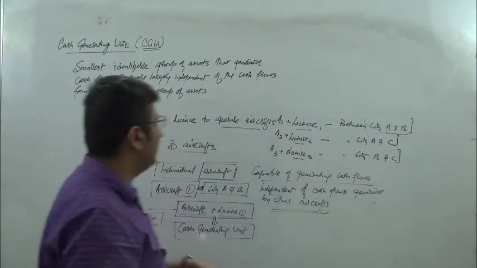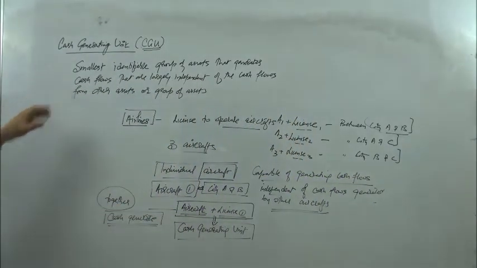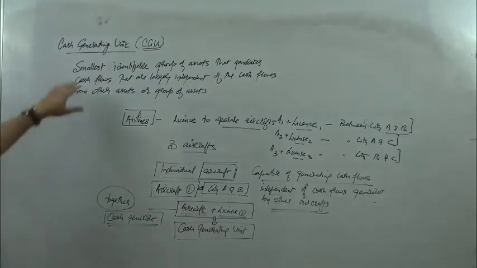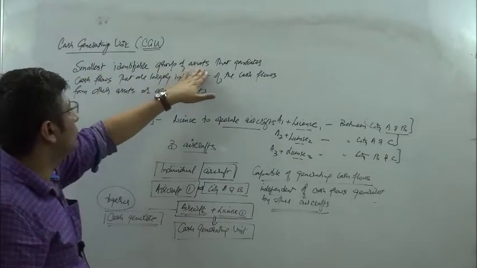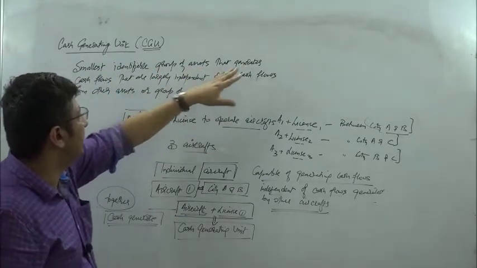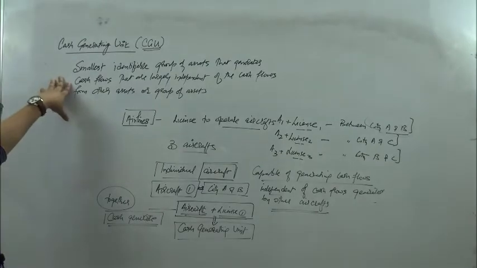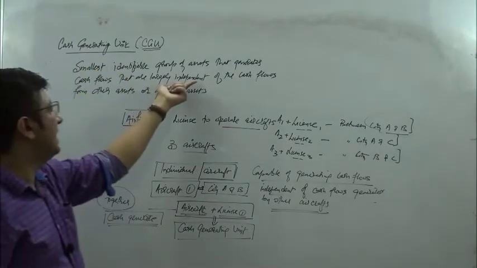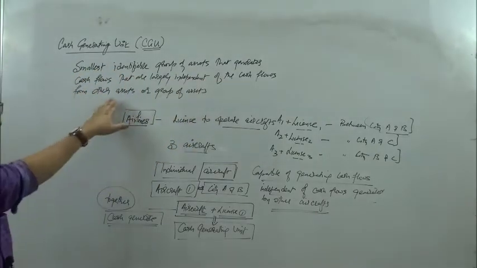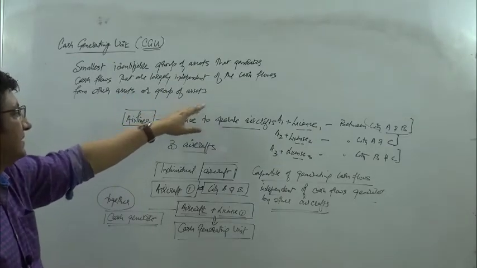So if I check my definition, it says that a cash generating unit is the smallest identifiable group of assets that generates cash flows largely independent of the cash flows from other assets or group of assets.